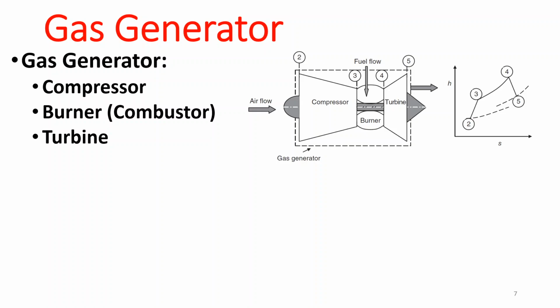Then in the combustor, you have a 3 to 4 enthalpy and entropy increase, and then you will lose some of the enthalpy in the turbine, come down to station 5, and then from 5 to 2. This is an open cycle, so the 5 doesn't really connect to 2, right? It's not a closed cycle.